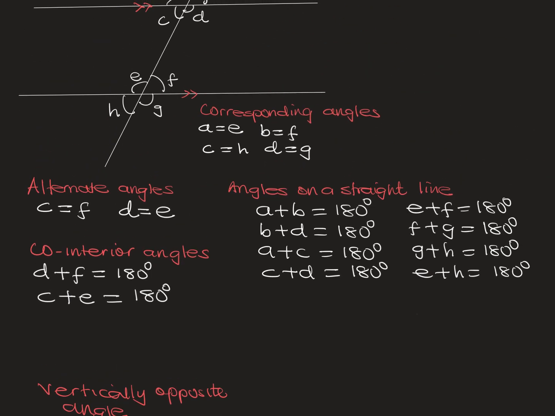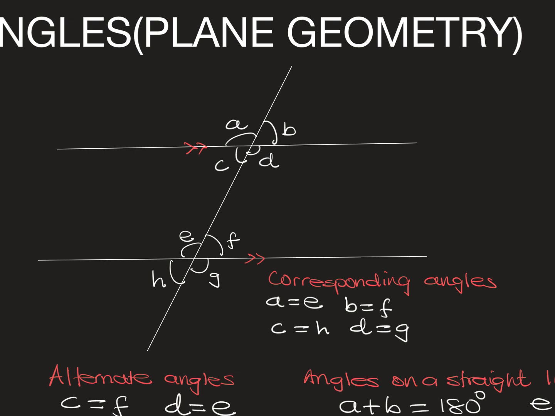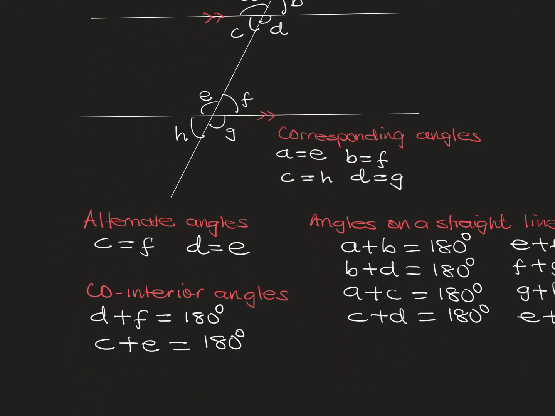So if we should identify those in this diagram, the vertically opposite angles are F and H, E and G, B and C, A and D. Those are vertically opposite angles. And the theorem states that vertically opposite angles are equal. So let's write that.